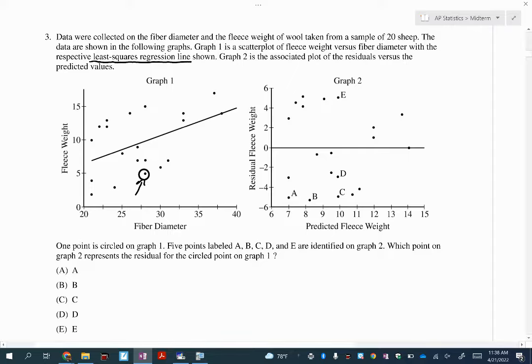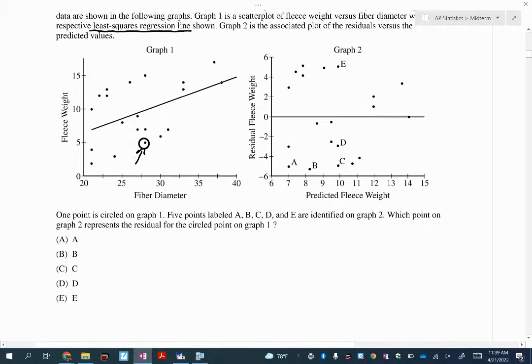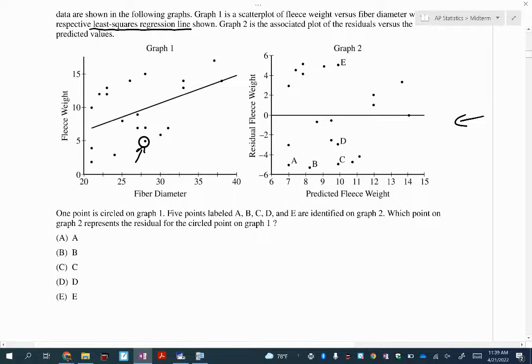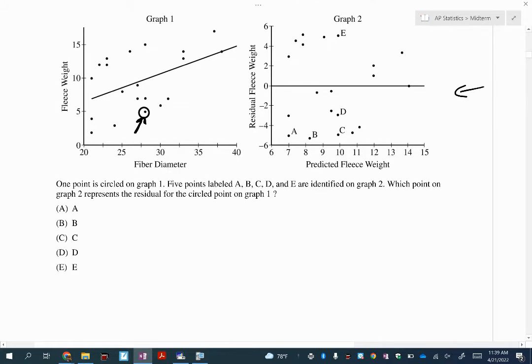on this point right here. Okay? And it's asking us, based on this over here, and what is this plot called? Residuals plot. This is where we're hoping to see no pattern, right? We want to figure out on this graph, graph 2, what's going to represent that circle point from graph 1. So the key thing I started out in this problem is you need to know what is a residual.